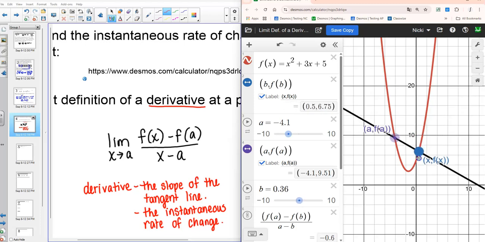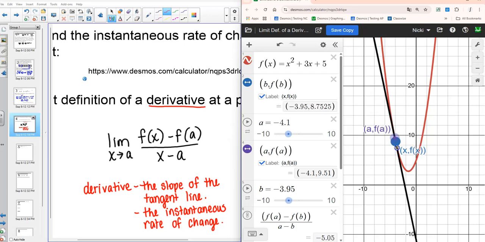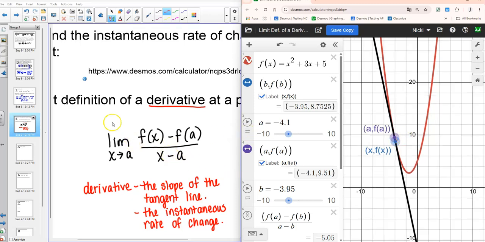As x approaches a, we get closer and closer to it just being a tangent line there. So whatever that slope is, as it approaches a, is going to give us the slope of that tangent line in this case.